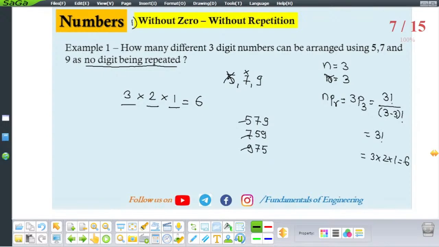So which one is simple, this one or this one? Is the first method simple or the second method? You can put in the chat box which one is simple, first method or second method.